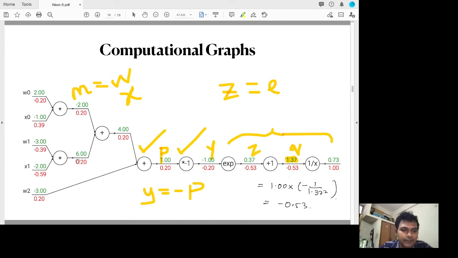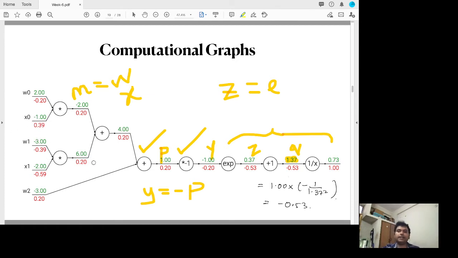Similarly, 0.2 coming in here, then 0.2 getting multiplied by minus 3 will give you the gradient with respect to x1, and 0.2 getting multiplied with minus 2 should be minus 0.4, but there are some approximations because of the exponential maybe. So because of that, this is coming out to be minus 0.39.